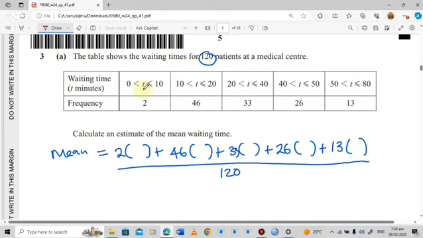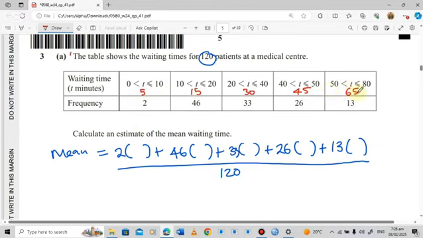So we're going to say 0 plus 10 is 10, 10 divided by 2 is 5. Then here 10 plus 20 is 30, 30 divided by 2 is 15. Here 20 plus 40 is 60, divided by 2 is 30. 40 plus 50 is 90, divided by 2 is 45. Then 50 plus 80 is 130, divided by 2 is 65.